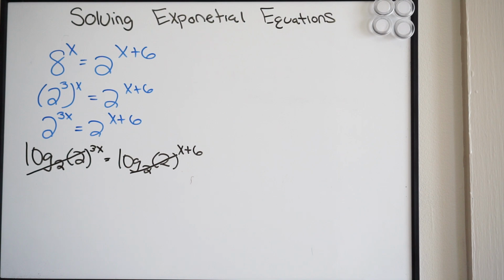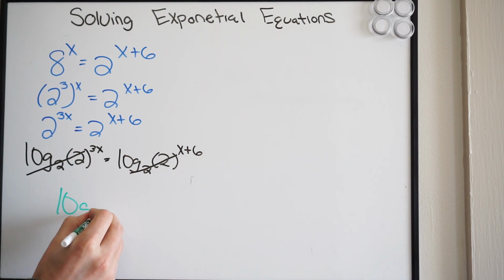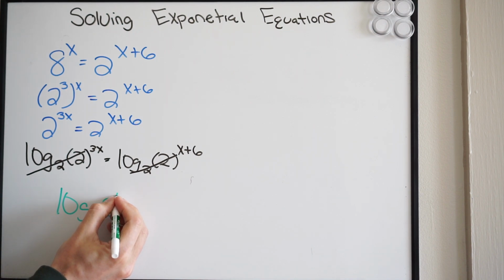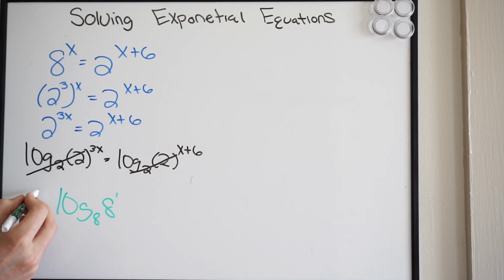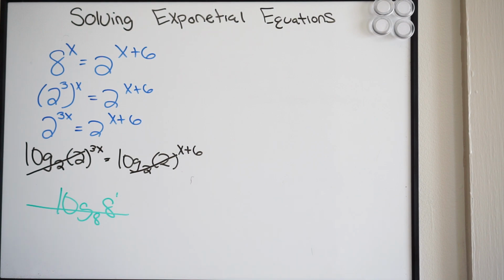Again, for example, if I had something like log base 8 of 8, that's going to equal 1. Remember, I do have an exponent here of 1. This will naturally cancel out, and I'm left with 1. That is the inverse property. We have talked about that.